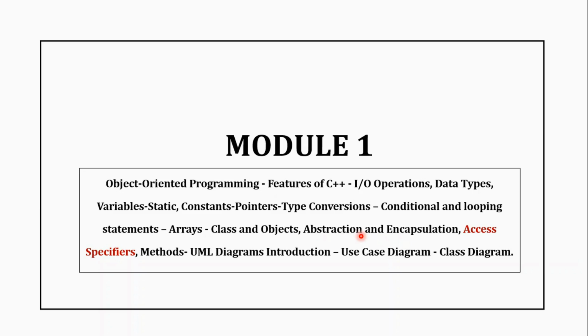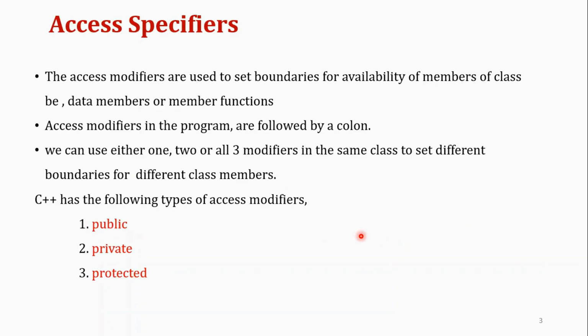In C++, we have three access specifiers: public, private, and protected. Access specifiers set the boundary or scope of the members. If you declare something public, it is available to everyone, so it is available outside the class too. Private means it is not allowed to be accessed outside the class; the scope is within the class.